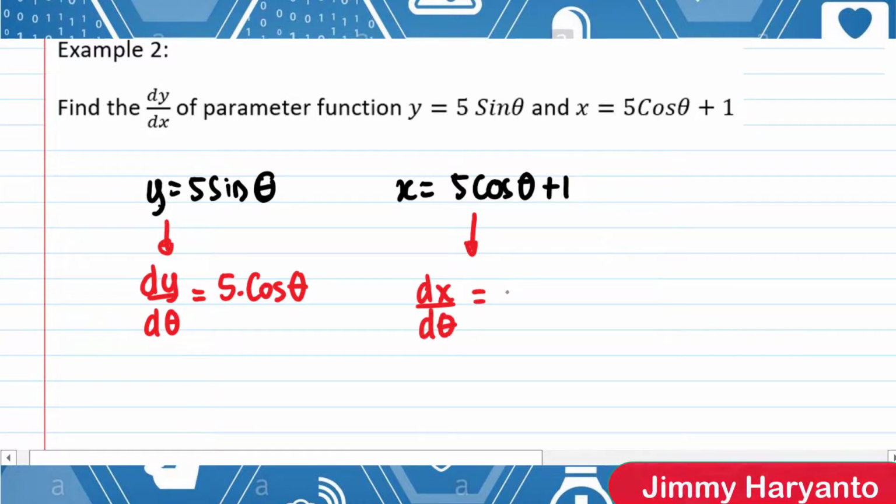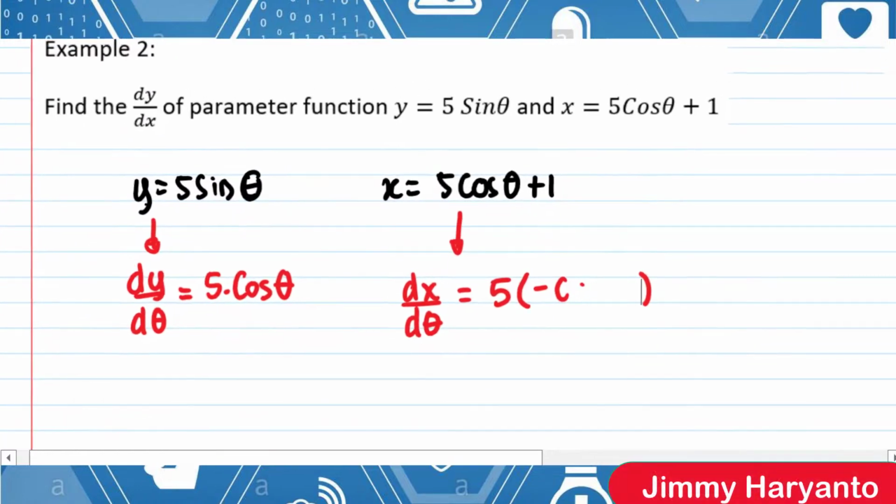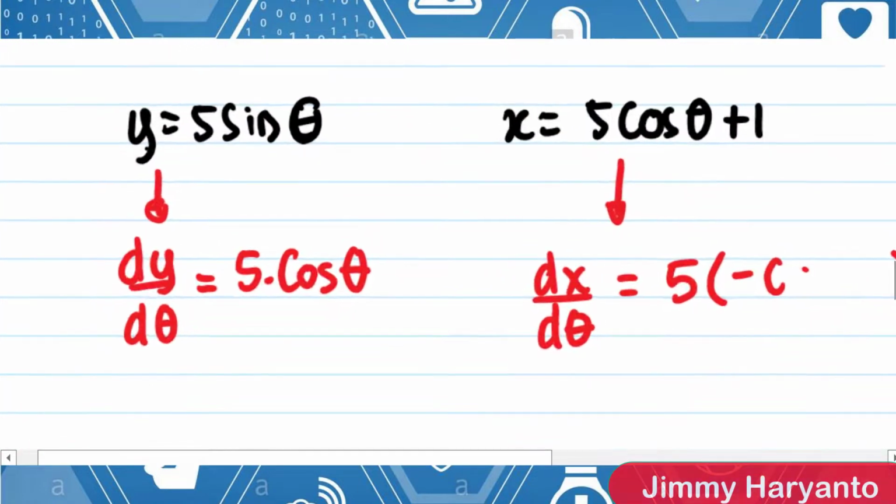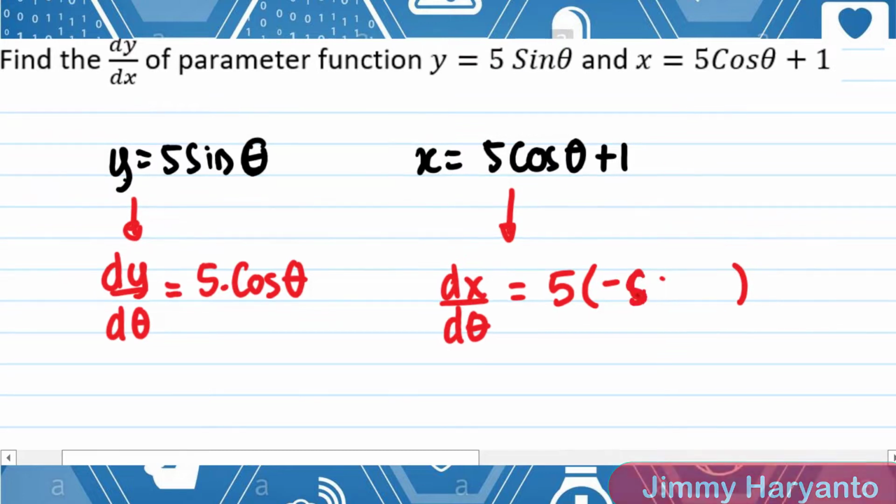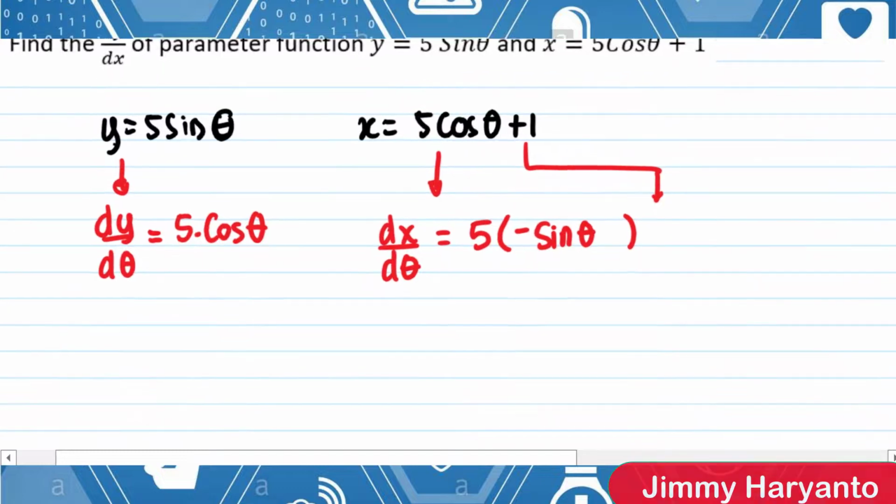That means 5 times cos will become negative sine theta, and then plus 1 will become plus 0. Yeah, we don't have to write the 0.